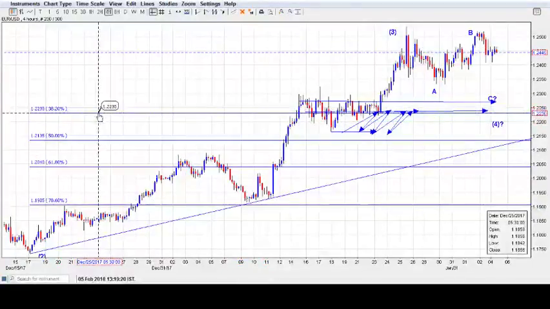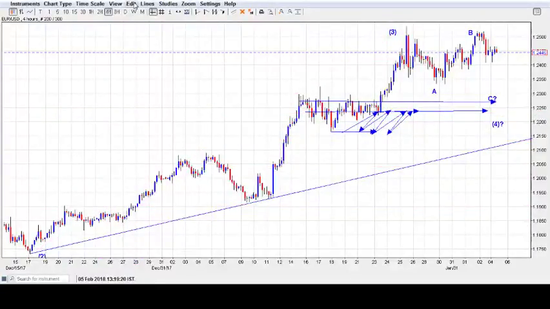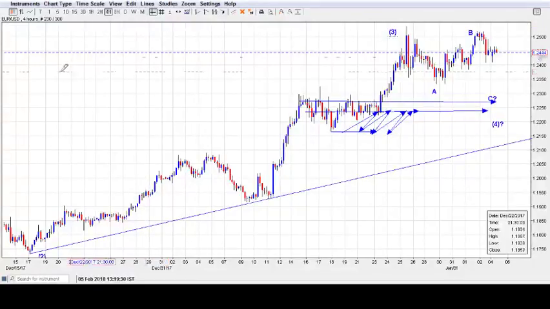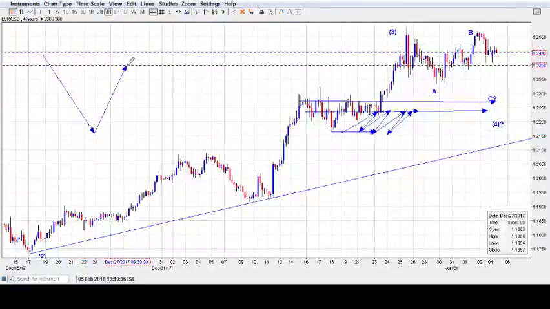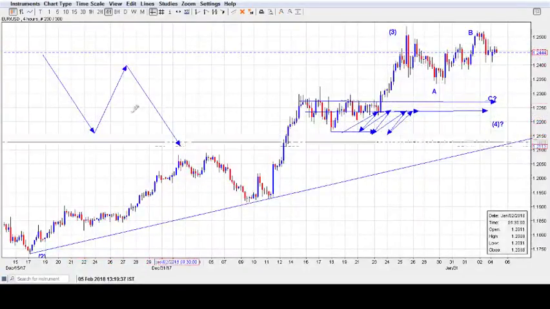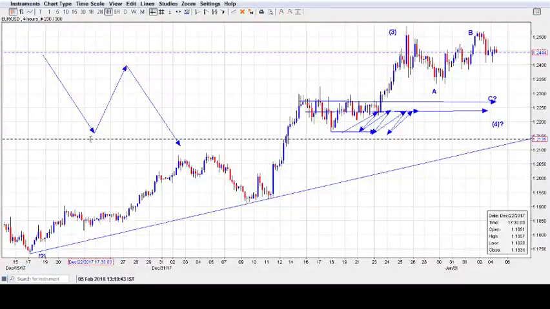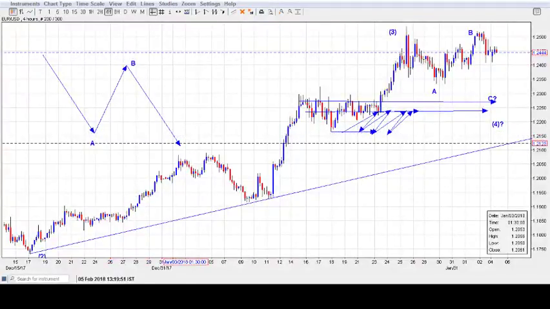If you have not been here last week, because many must have joined over the weekend, this is what we were talking about earlier: A, B and C. That is the standard flat which we are expecting to unfold on the EURUSD, at least for now, right?